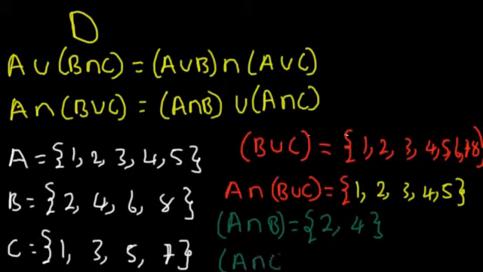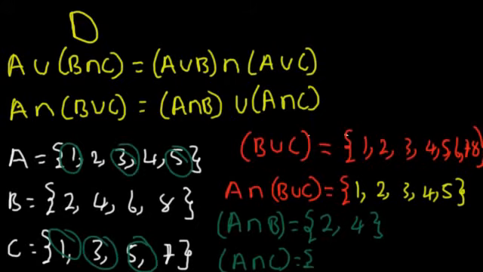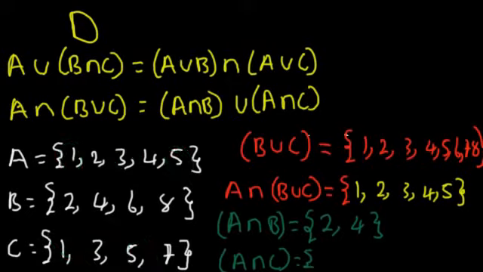What are the elements in common? This is A, this is C. So we have 1 to be common, we also have 5 to be common, and 3 is also common as well. So their intersection will be 1, 3, 5.